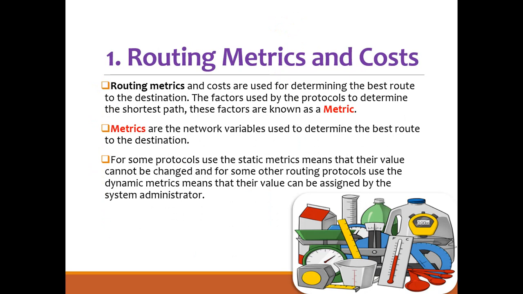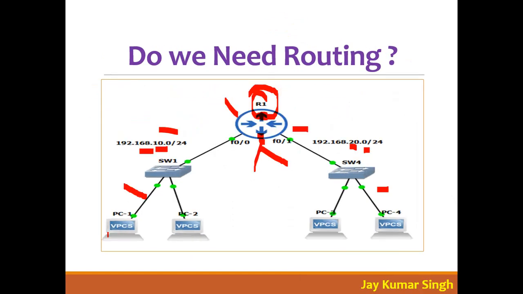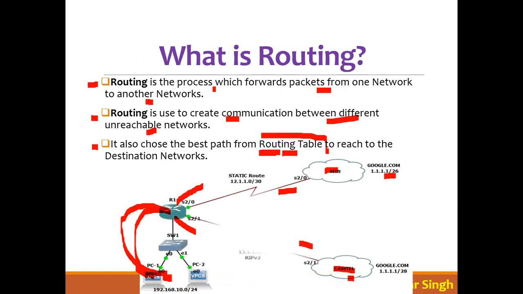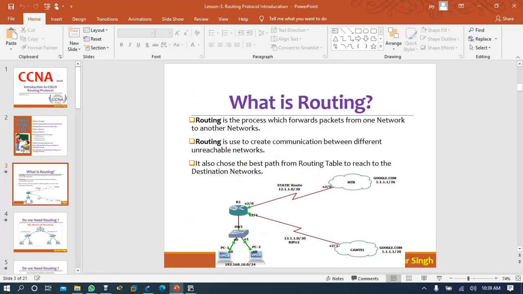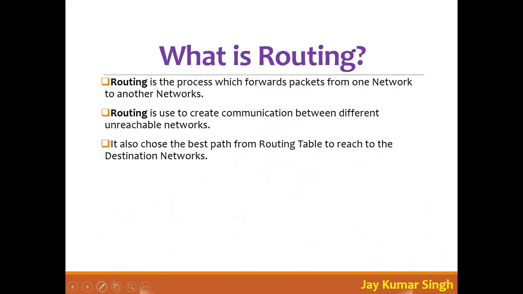Now, in routing metrics, we'll understand what is metric and cost. Different routing protocols have different metric calculations. Routing metrics and cost are used to determine the best path or best route to the destination. The factors used by a protocol to determine the shortest path are known as the metric. Let's come to this example.